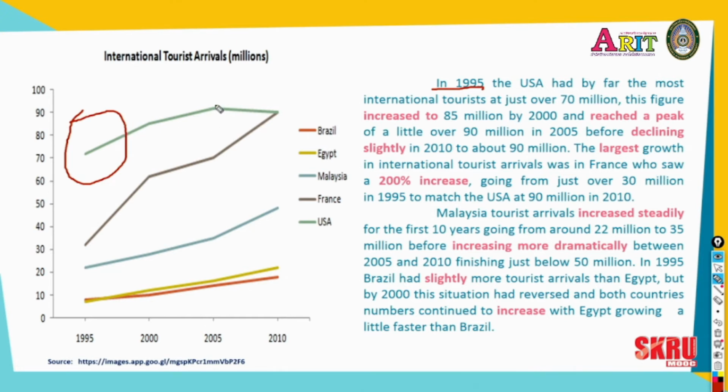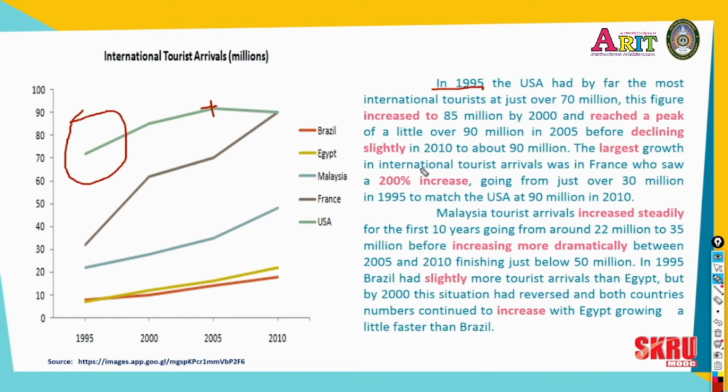The figure increased to 85 million by 2000 and reached a peak of a little over 90 million. So we can see around 85 million in 2000 and a peak of a little over 90 million before declining slightly, going down again.